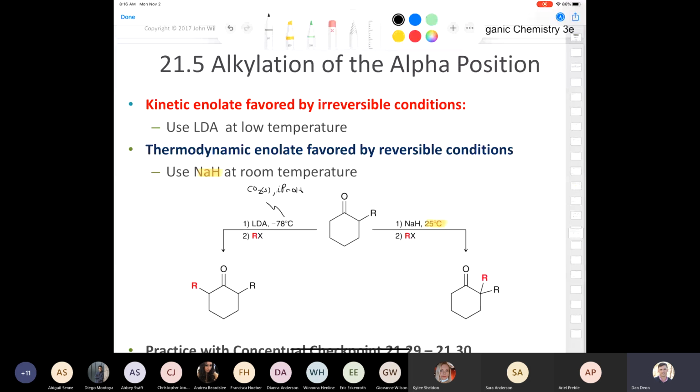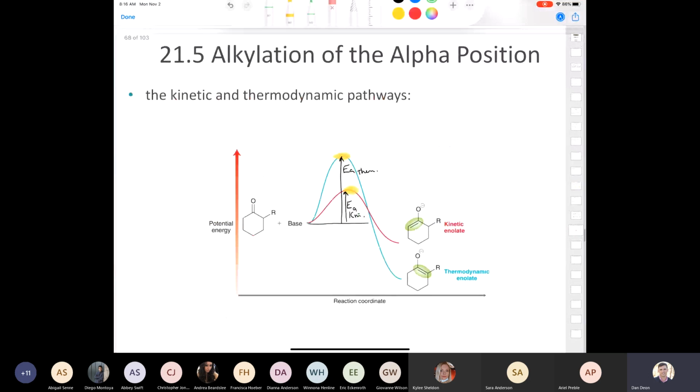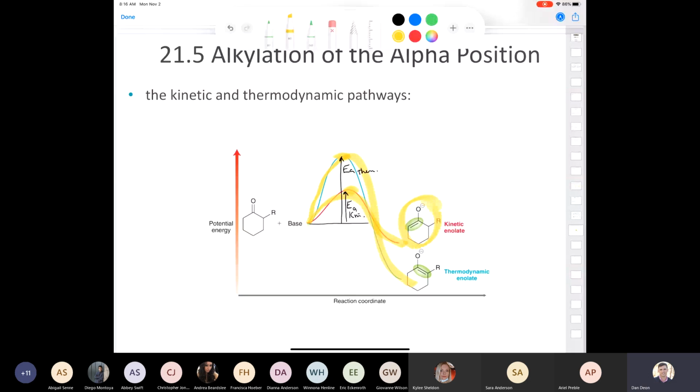It's not showing it here, but you're going to remove this proton and this proton. But remember, you're at a high enough temperature that you're going to have an equilibrium. You're going to form some of this and some of this, but this kinetic enolate is going to be reversible, and eventually it's all going to equilibrate to give you the more stable enolate. Here's my little animation maybe on that reaction coordinate.